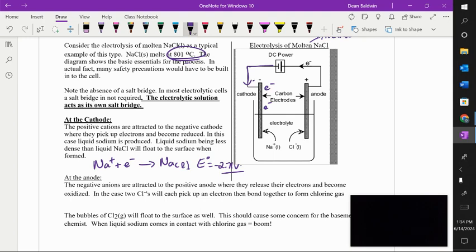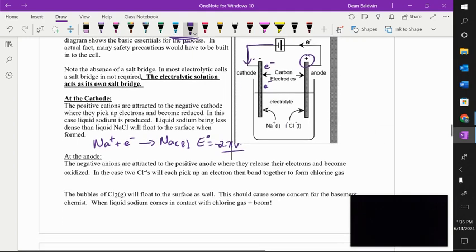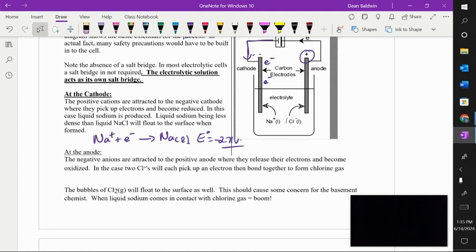At the anode, so electrons are moving away, so this becomes a positively charged electrode. The chlorine, which is negatively charged, is attracted to the anode, and you get 2Cl minus in liquid form goes to Cl2 gas plus 2 electrons, which isn't a great thing to have happen unless you're in a very controlled setting.